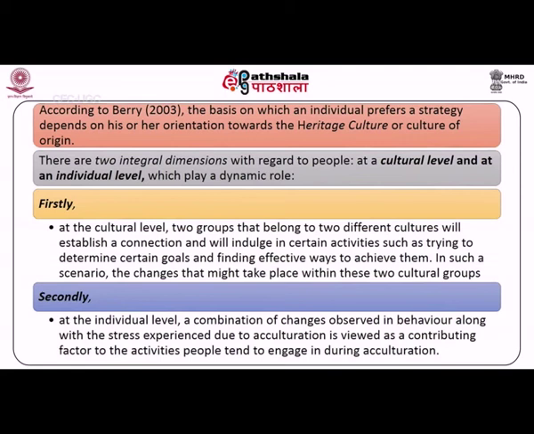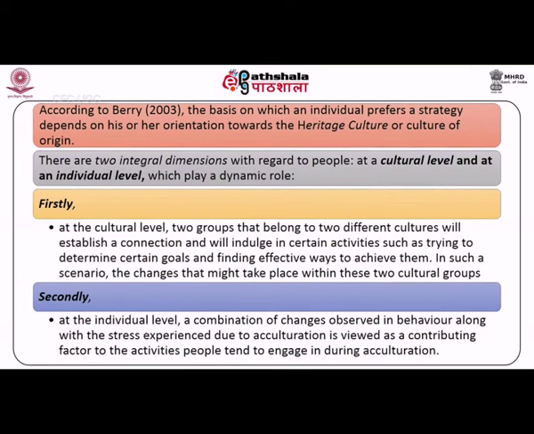According to Berry, the basis on which an individual prefers a strategy depends on his or her orientation towards the heritage culture or the culture of origin. There are two integral dimensions with regard to people, at a cultural level and at an individual level, which play a dynamic role.